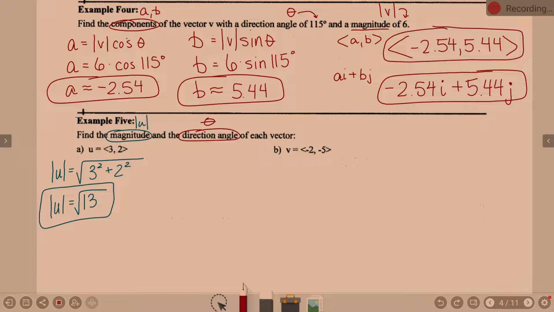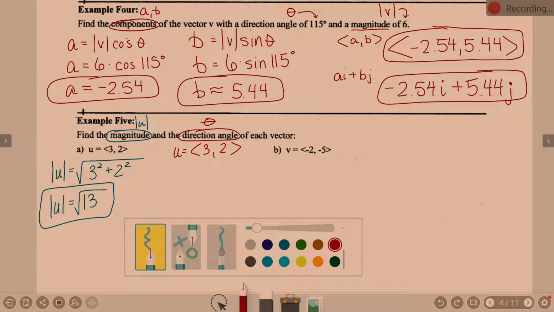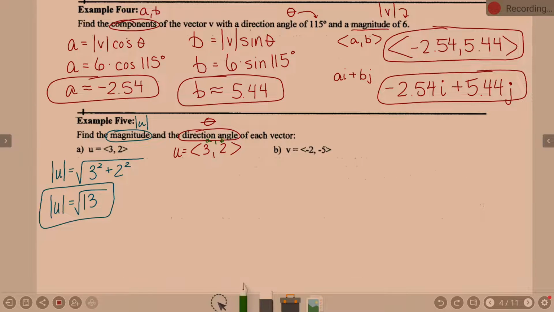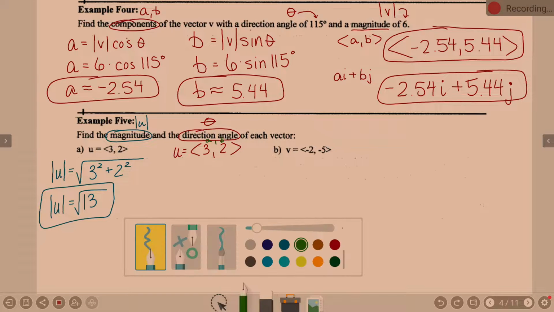Yeah, we have the information to find A, the horizontal component, and B, the vertical component, yes? So, okay, look at what you're given. We were provided the vector 3, 2. And that vector is in, if you will, A, B form. Because A is the horizontal component, B is the vertical component.